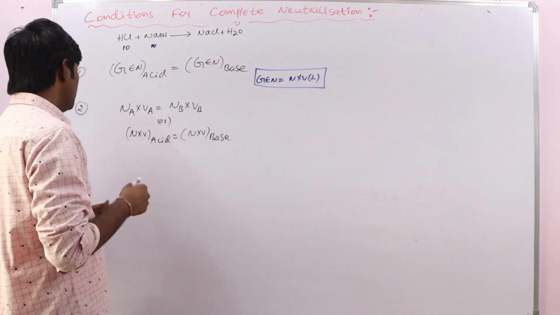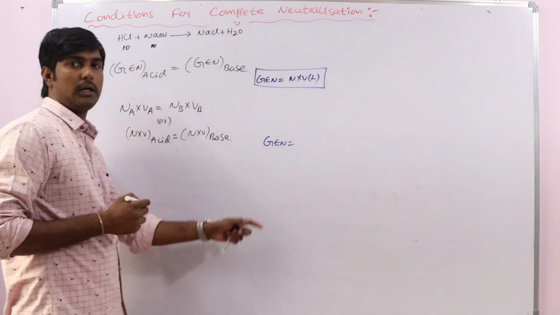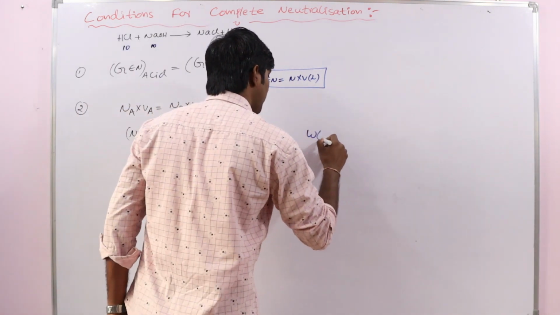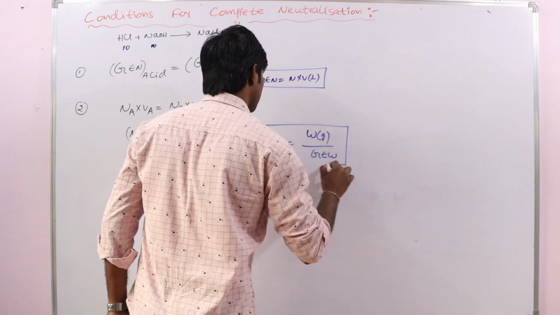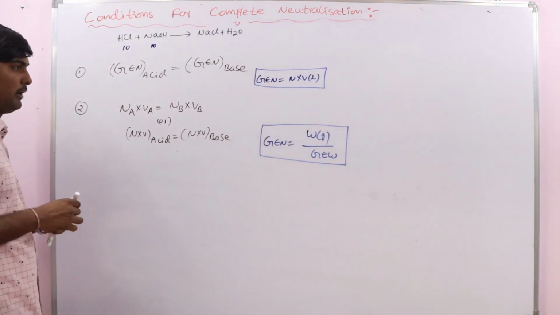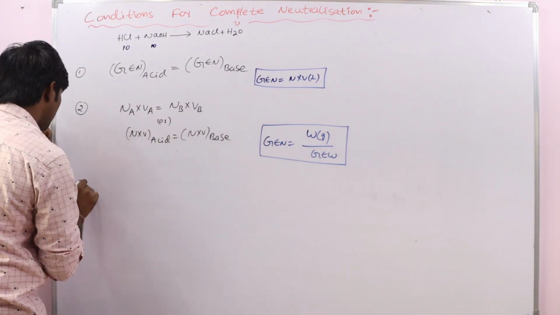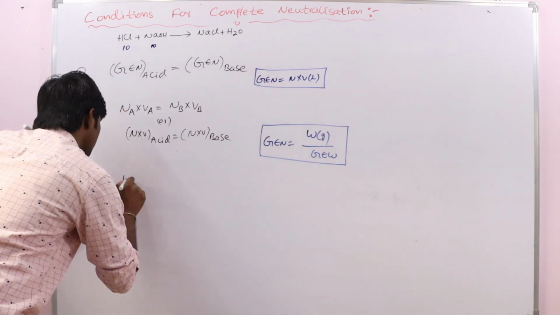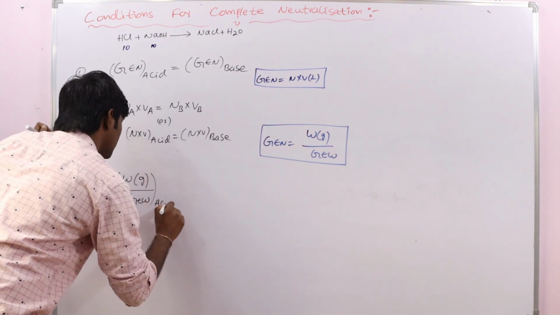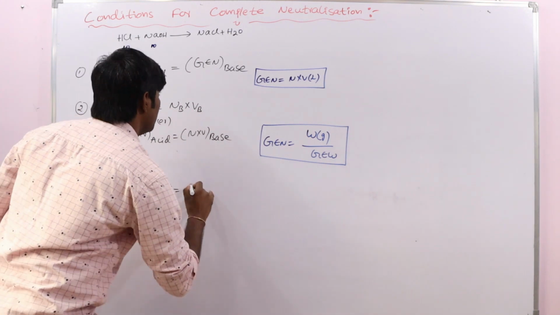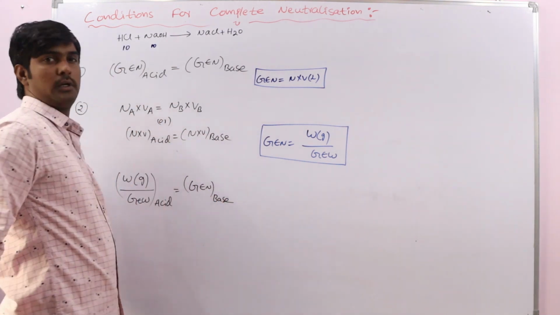Okay, and we can write in another way also. We know this relation also, which we already discussed: the number of equivalents, or gram equivalent number, is equal to weight by gram equivalent weight. Okay, weight by gram equivalent weight. So now here, in the place of gram equivalent number we can write weight by gram equivalent weight of acid is equal to... yes or no?